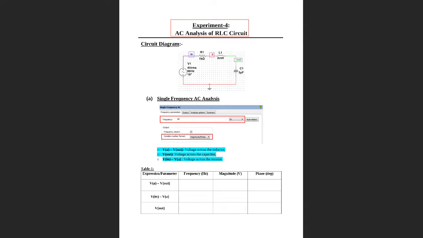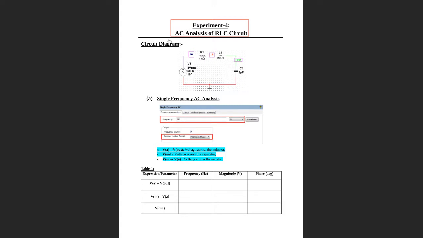R, L, C are connected in series and we apply an AC voltage. You have to name some parameters which we will use during the experiment: the input voltage, the intermediate voltage A, and the output voltage out. We will name these all and change the connection colors for each of them.